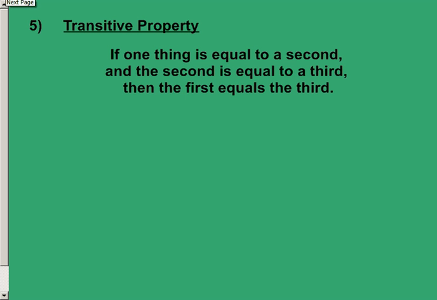Okay, so this sounds a little bit like deductive reasoning, kind of connecting the dots from one thing to another, so that's why it may sound familiar to you at this point.